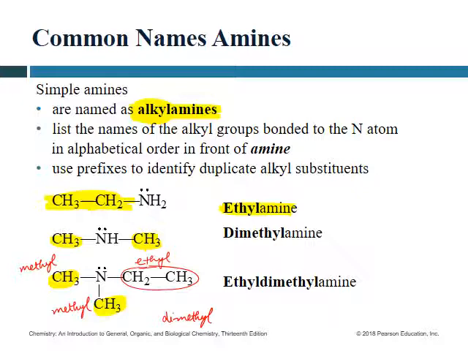These prefixes that we see, di, tri, tetra, don't count towards alphabetical order. What counts is the actual name of the substituent, which is M and E. So ethyl comes first, so the name would be ethyldimethylamine.